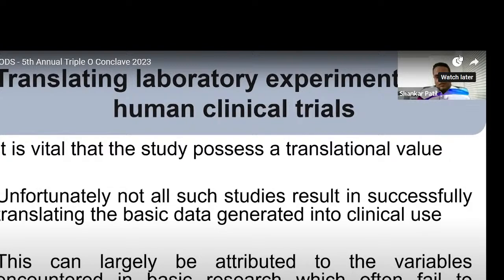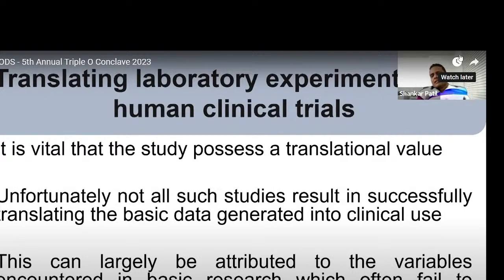Now, translating lab experiments into human clinical trials. Especially in oral pathology, oral medicine, and oral surgery, we do studies using cell lines. Nowadays, instead of cell lines, suppose you are doing a study on oral cancer, take the biopsy and, with the help of enzymatic digestion, create a single cell suspension of the biopsy tissue, and then do the experiment rather than using cell lines.